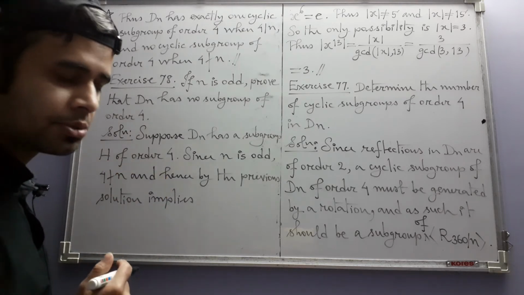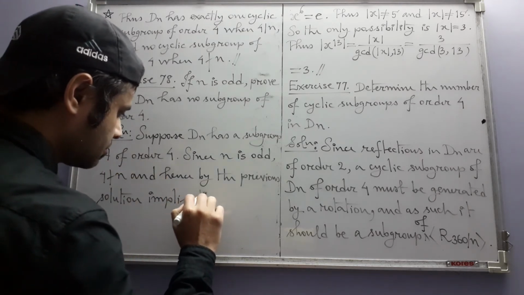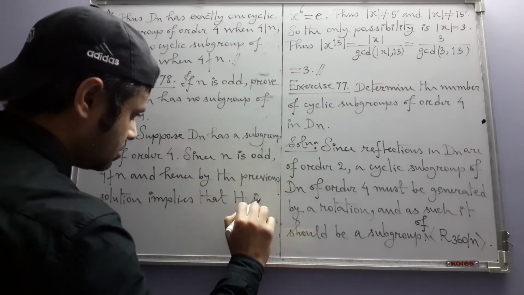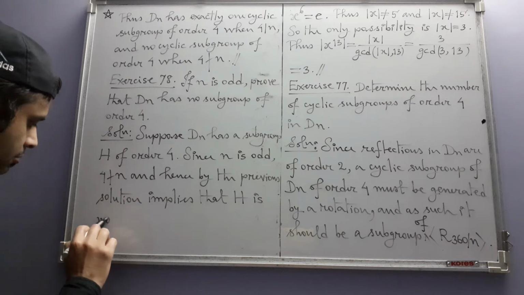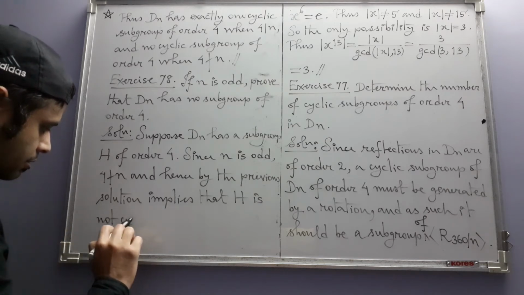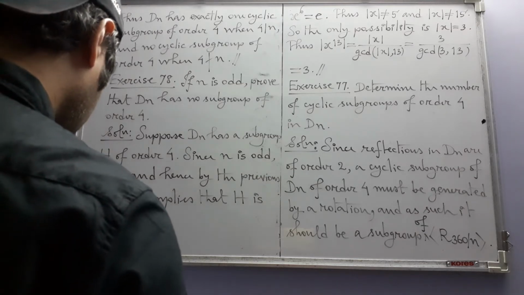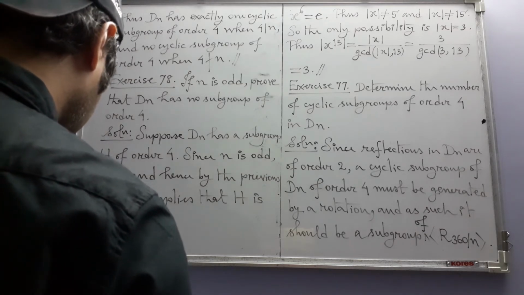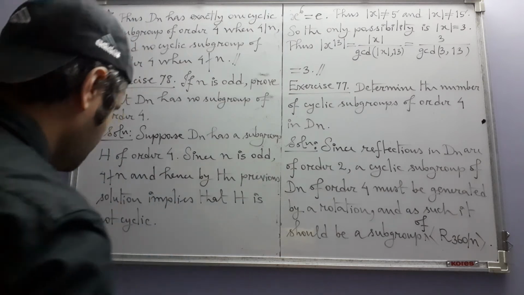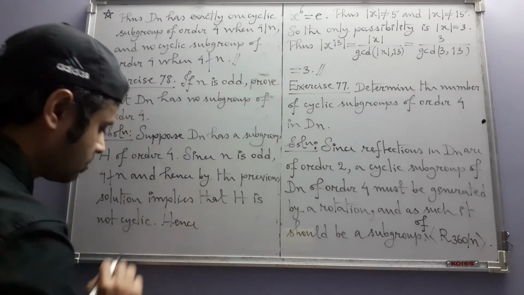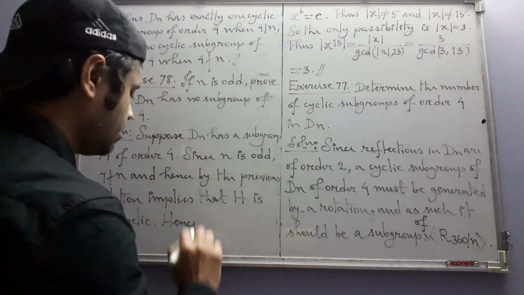That means H cannot be cyclic. H is not cyclic. Hence, H is not cyclic means what?